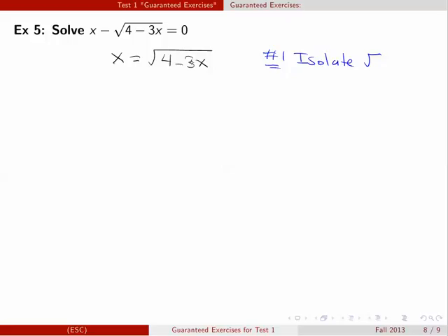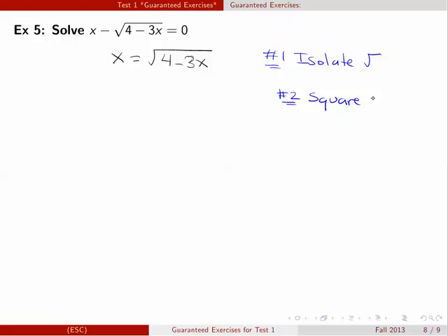And so to get rid of the radical, we need to raise both sides to a power which is equal to the index. The index is basically this number outside the radical. If you don't see it, automatically make it a 2. So in this case, to get rid of a square root, we raise both sides to the second power.